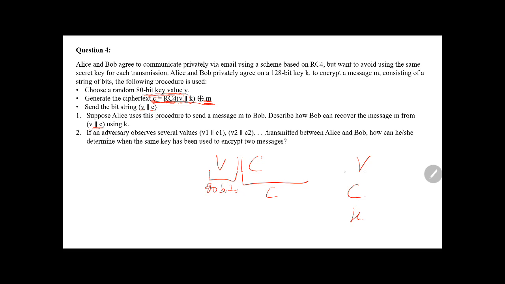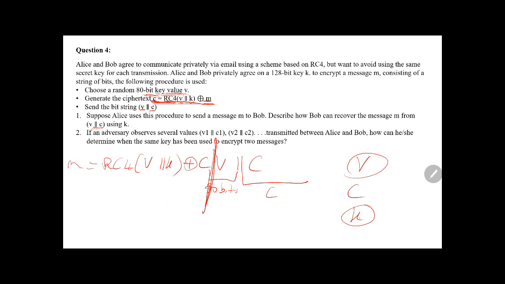Since he has the V and the K, he can recreate this RC4 encryption, correct? So he can do RC4 of V concatenated with K, and here, instead of XORing it with M, he will XOR this with the C. And this will get him, guess what?